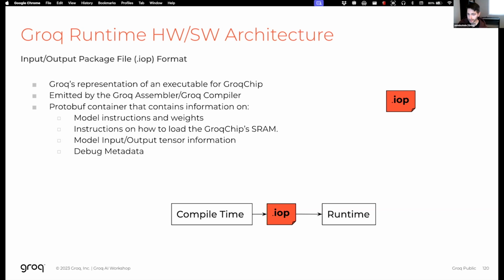And the IOP contains all your model weights and the kinds of inputs your model is expecting, as well as the output your model will give you once your inference is completed. And just to show how we bridge compile time and runtime, it's that IOP file. So this diagram here at the bottom is just my little way of showing how we bridge that gap.